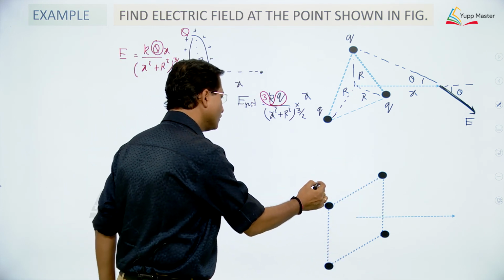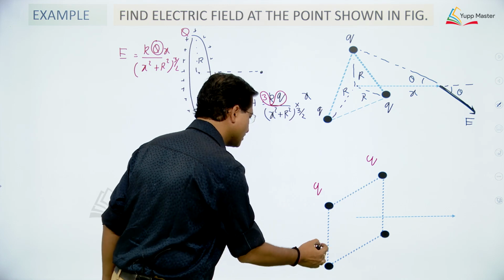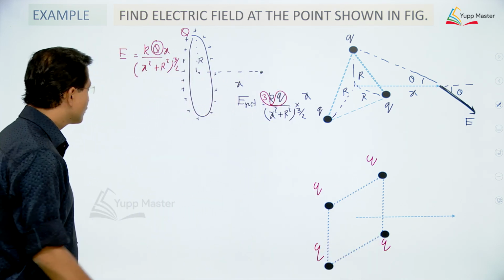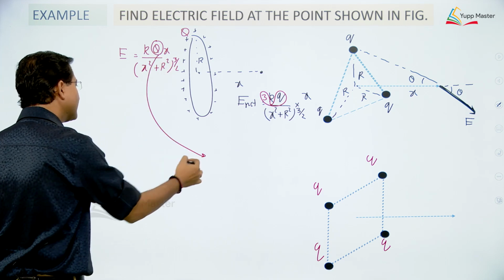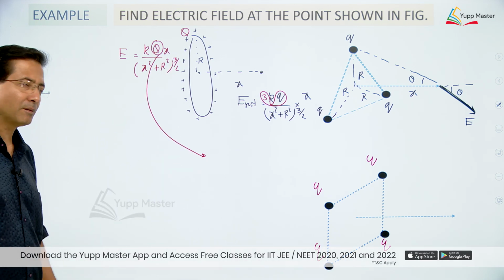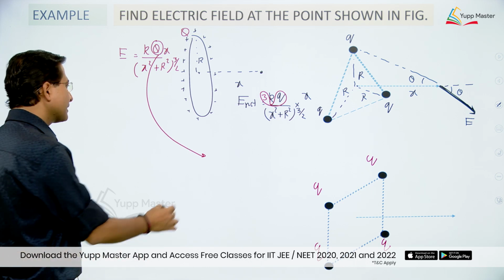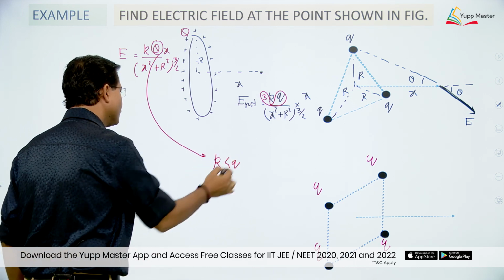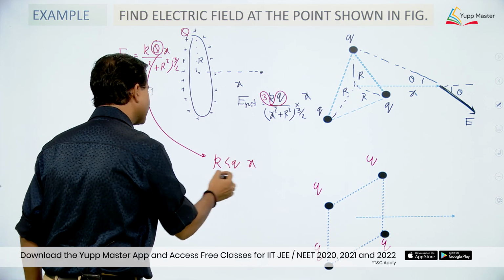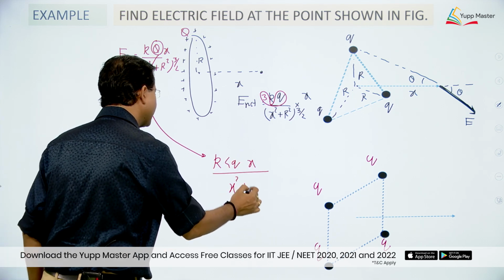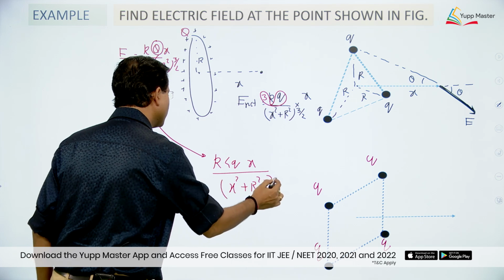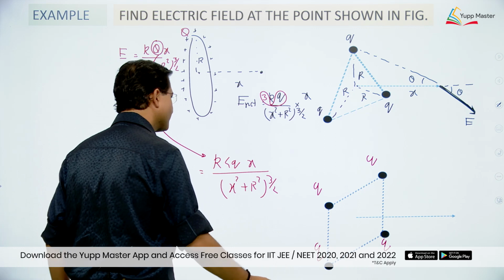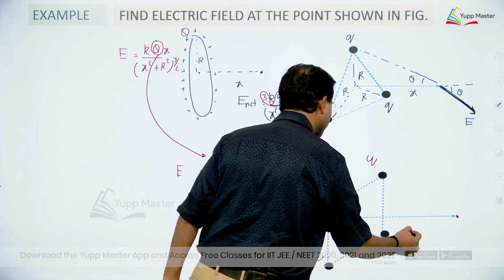If this is q, this one is q, this is q, then the total charge is 4q. So, to directly get the result by the shortcut method, I can write k 4q into x divided by x square plus r square to the power 3 by 2. This is the field at this particular point.